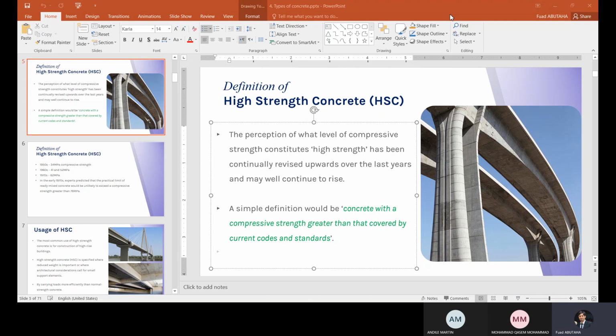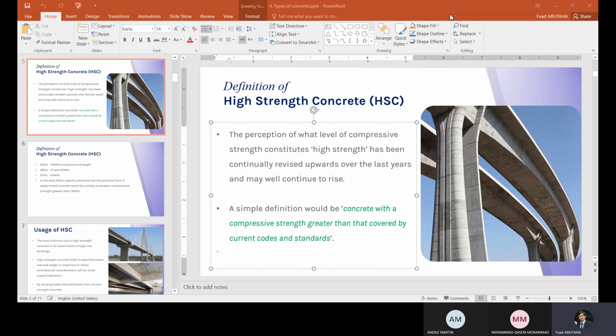We have already covered the effect of the water cement ratio on the workability of concrete: low water content gives low workable concrete, and high water to cement ratio gives high workable concrete.